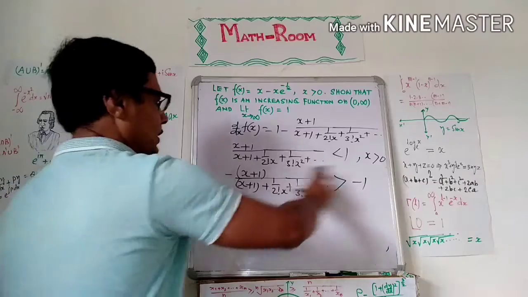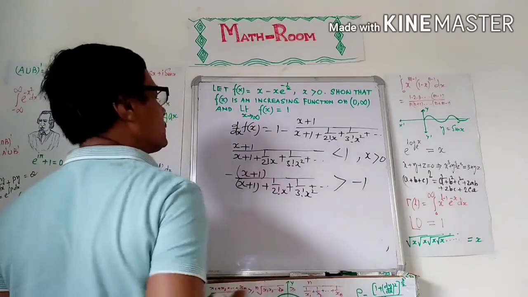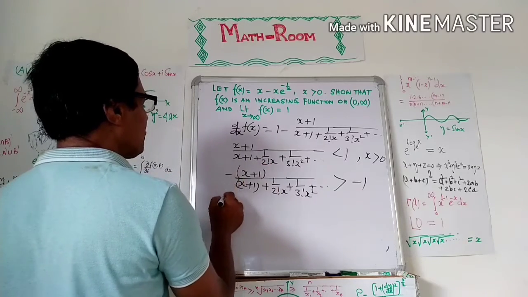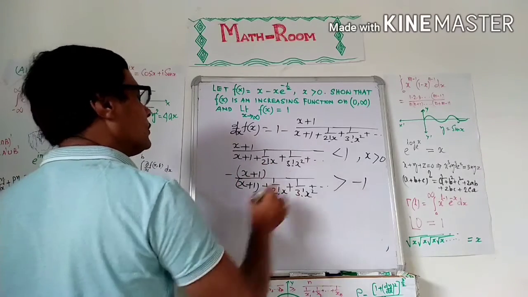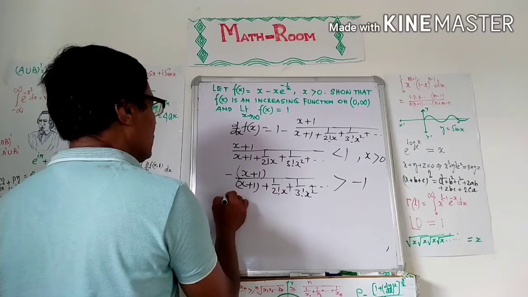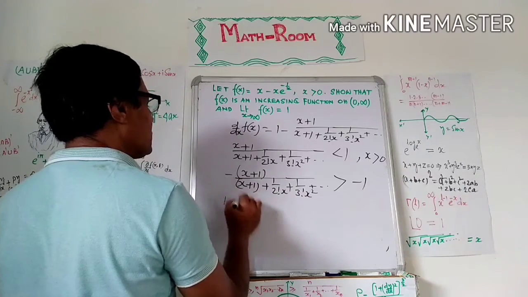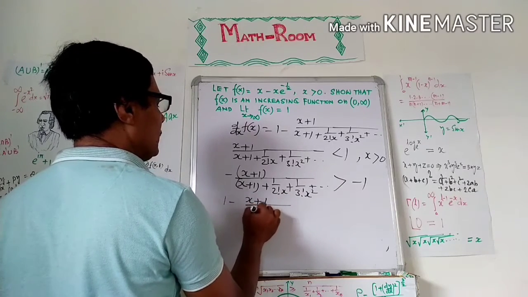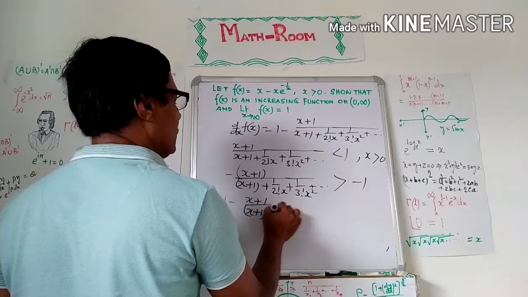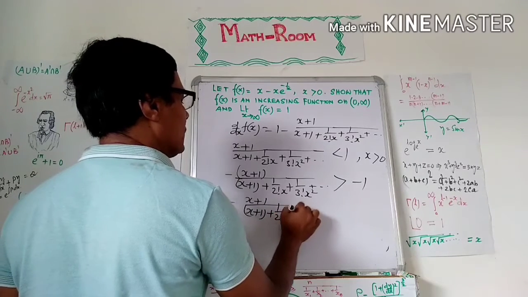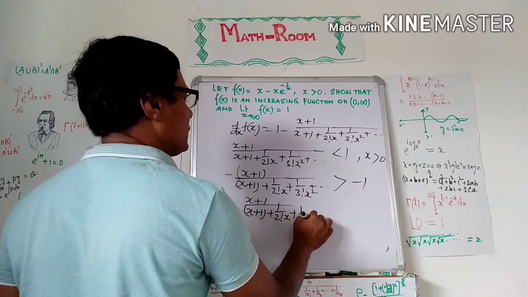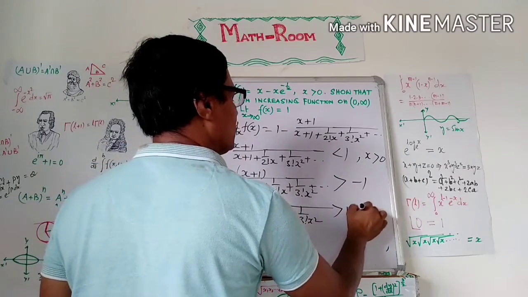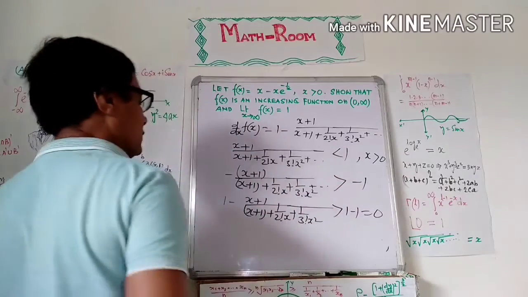So, if we add 1 to both sides, we get 1 minus (x + 1 over 2! x, 1 over 3! x² ...) greater than 1 minus 1 equal to 0. That is greater than 0.